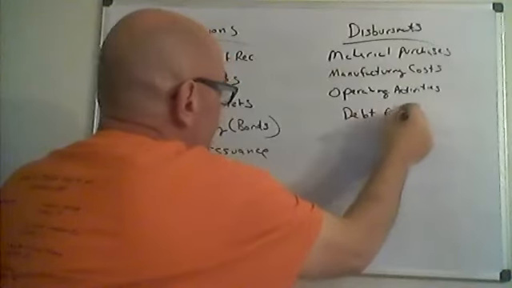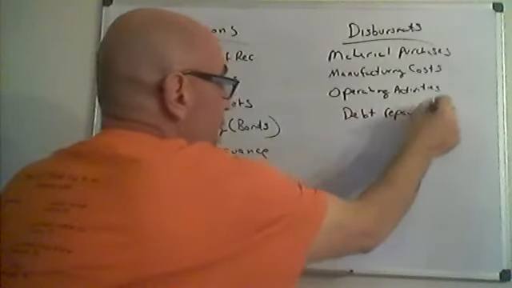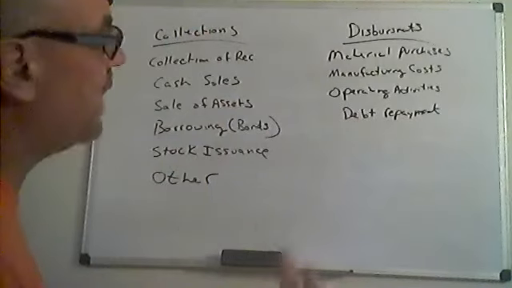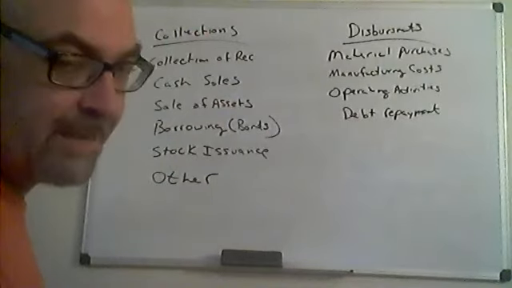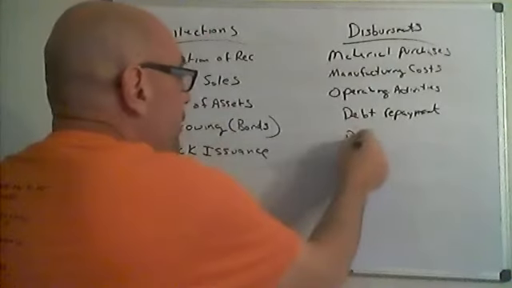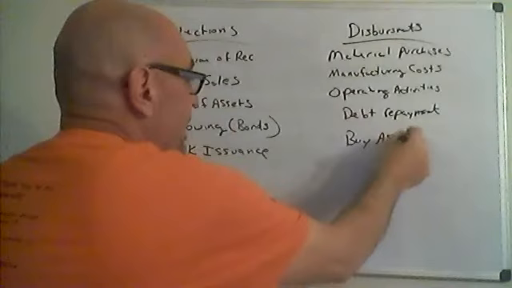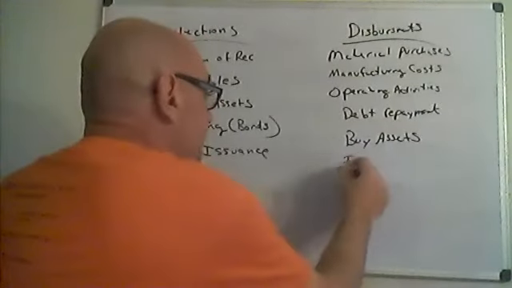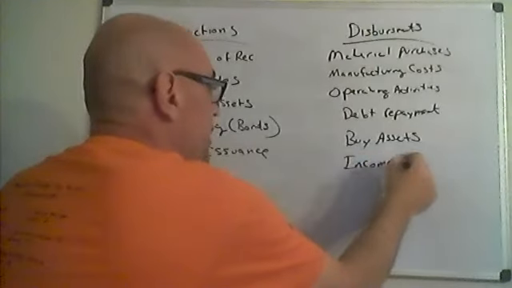Debt repayment: this could be when debt matures and we have to pay the whole amount back, or it could be the interest payments, because remember bonds and most debts come with periodic, six-month, semi-annual interest payments. We could buy assets, so maybe we're buying stocks and bonds or buying some new PP&E. Income taxes are another big one.